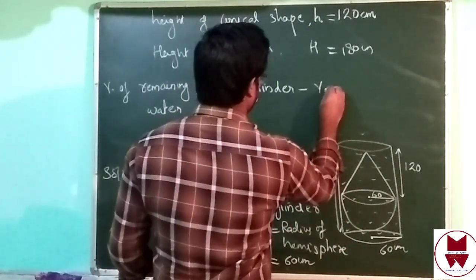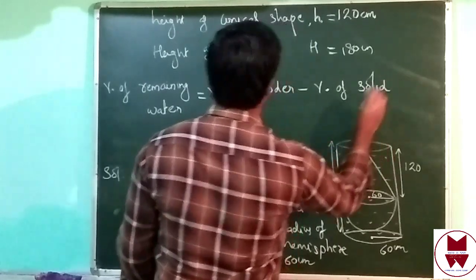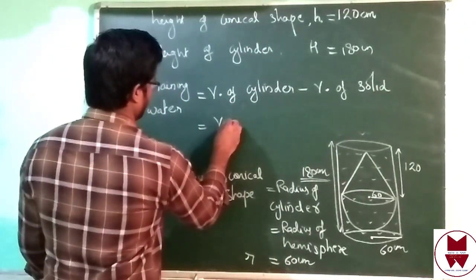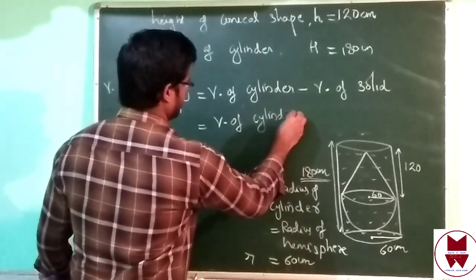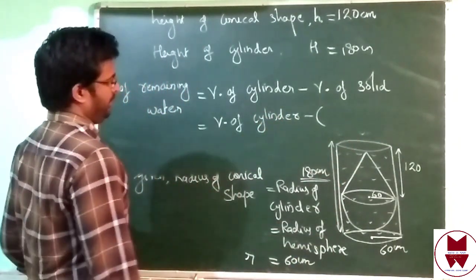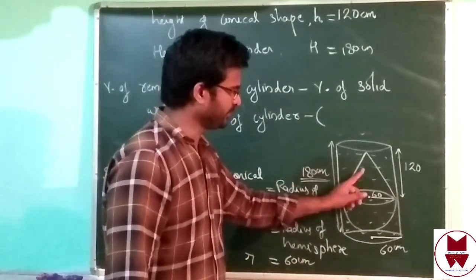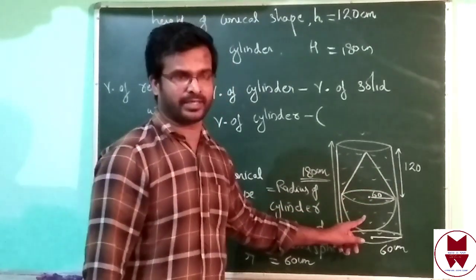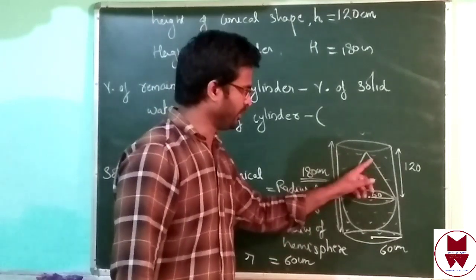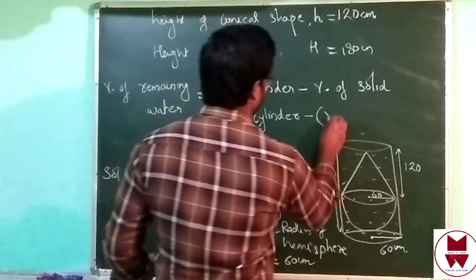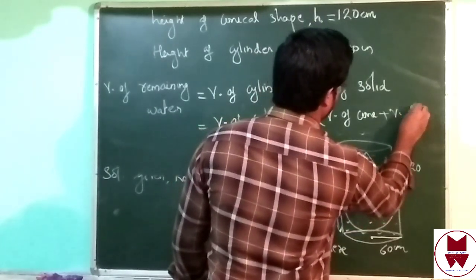We can write minus volume of solid. Then volume of solid, how to find out? That is volume of this cone plus volume of hemisphere. If you add the volume of cone and hemisphere, you will get the total volume of this solid.